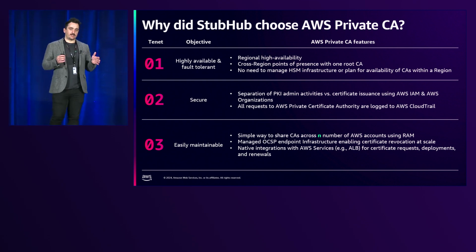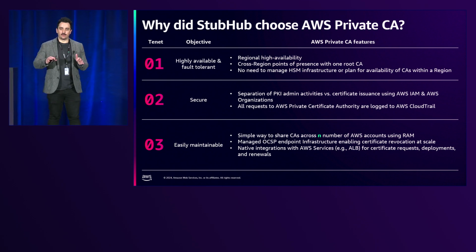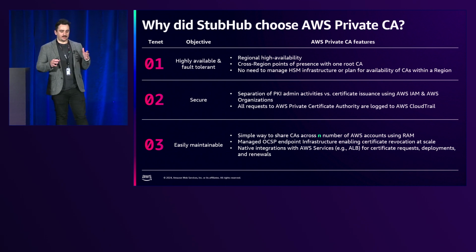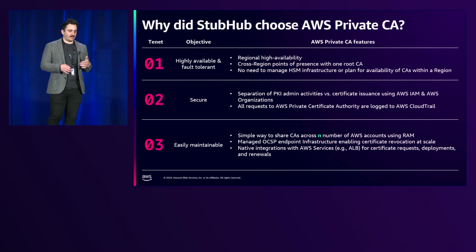We did want to have a separation between identities, for who could actually request certificates versus who can conduct administrative activities. Being able to leverage AWS Identity and Access Management for that, as well as service control policies and all that good stuff, we were able to get to the defense in depth architecture from an identity perspective that we wanted.